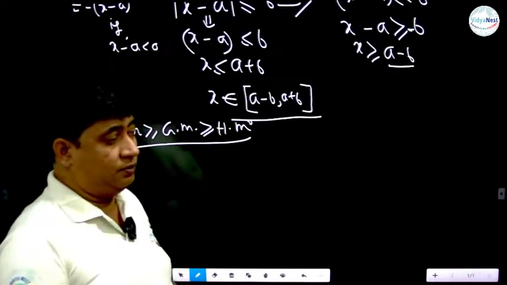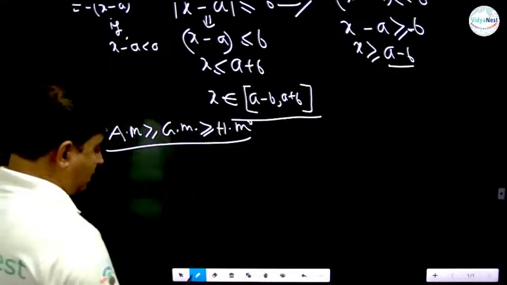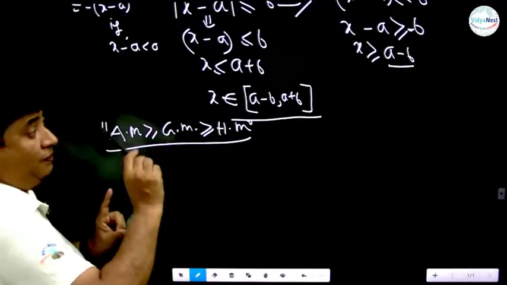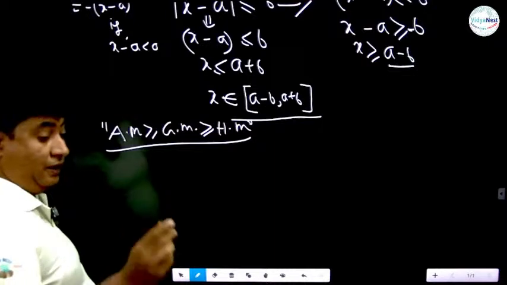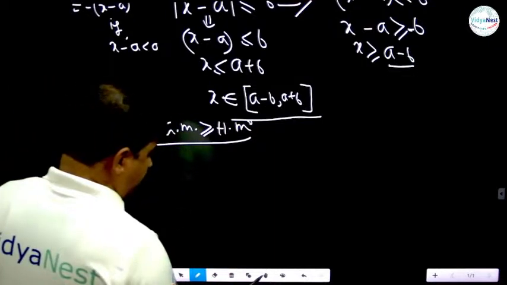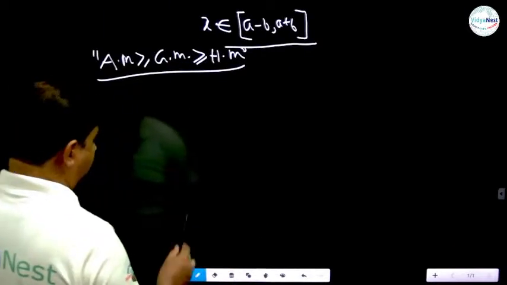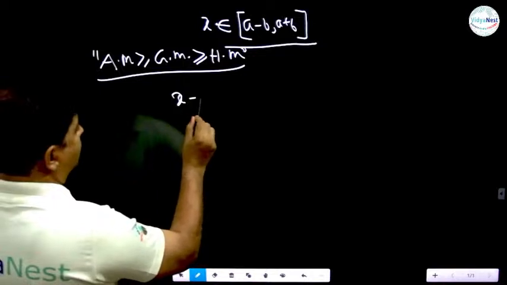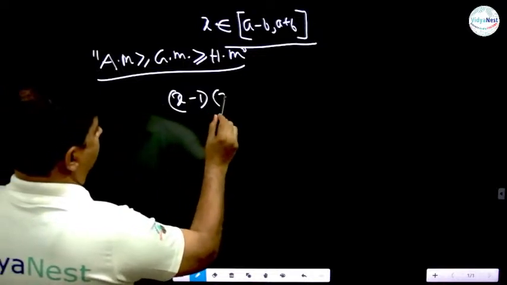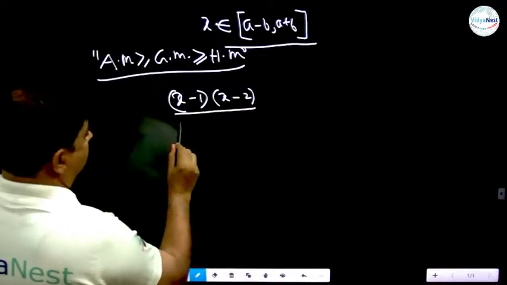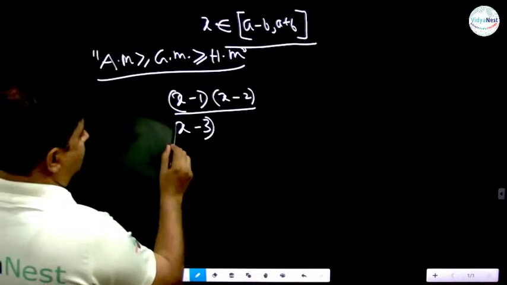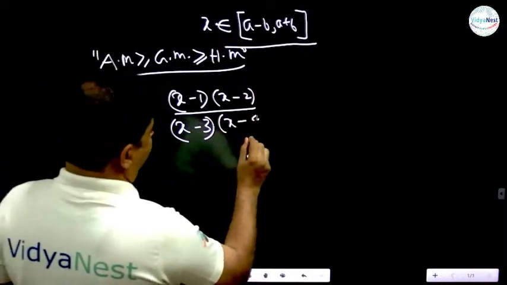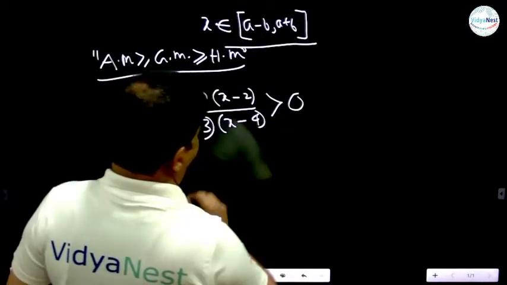How? Suppose you have got that wavy curve method that you are taught even in function. Suppose you have got (x minus 1)(x minus 2) by (x minus 3)(x minus 4) greater than 0.